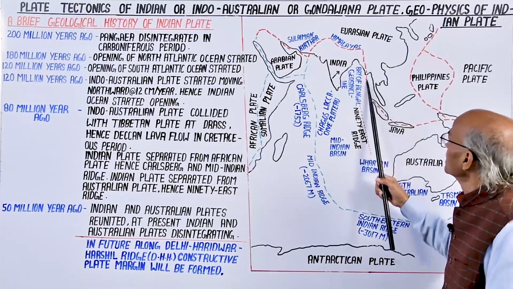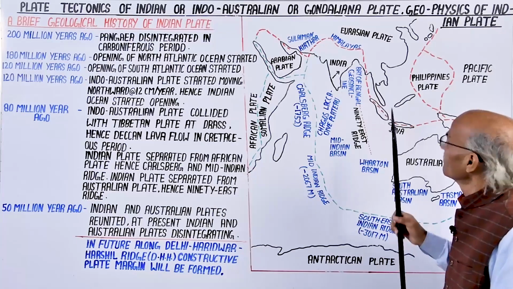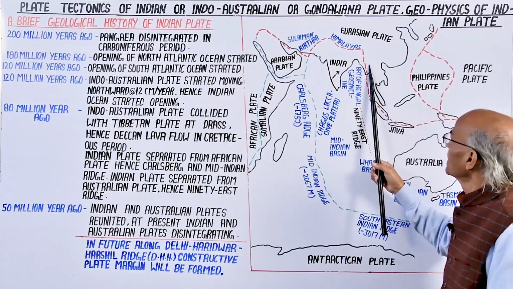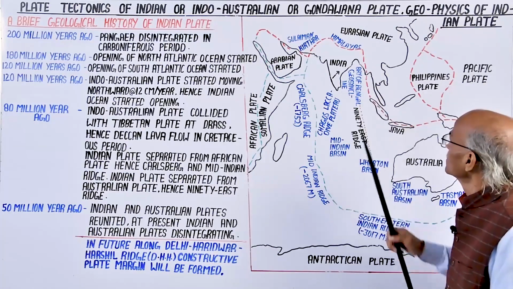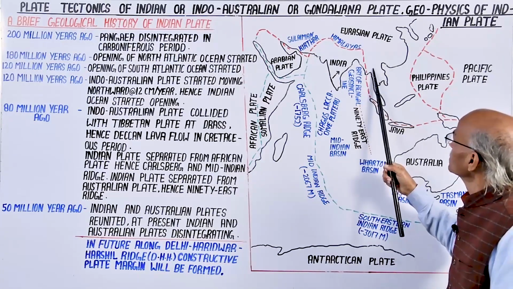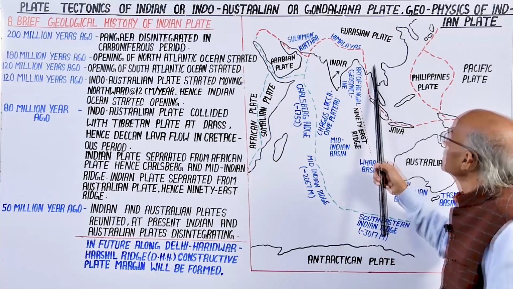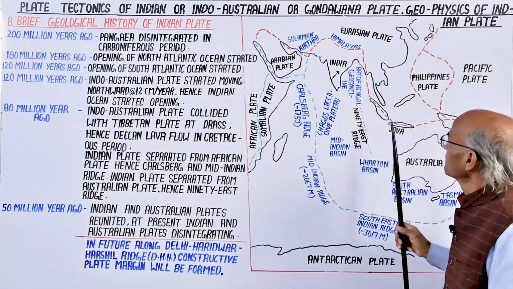Here it is Indochina, where the Myanmar plate or Shan Plateau platform and plate is located, which is a geological part of Angara land, or it is part of the Eurasian plate.